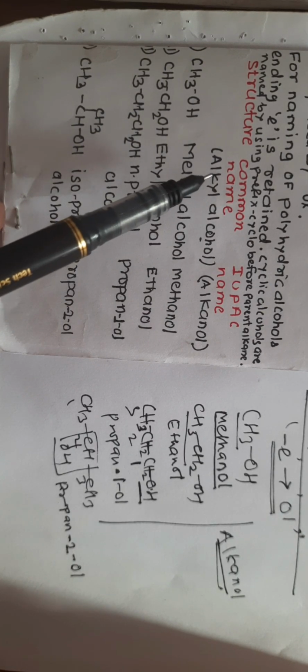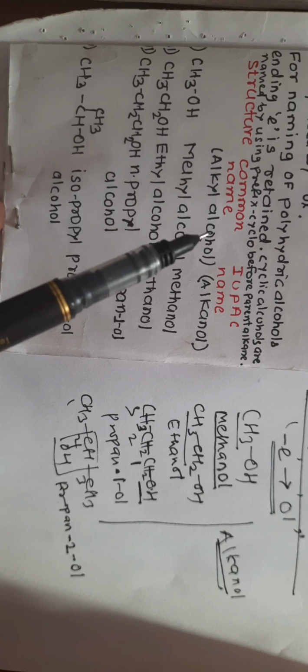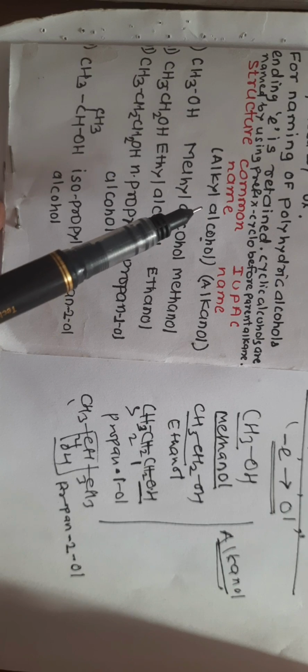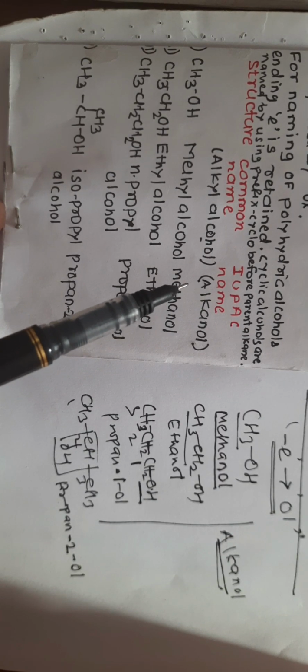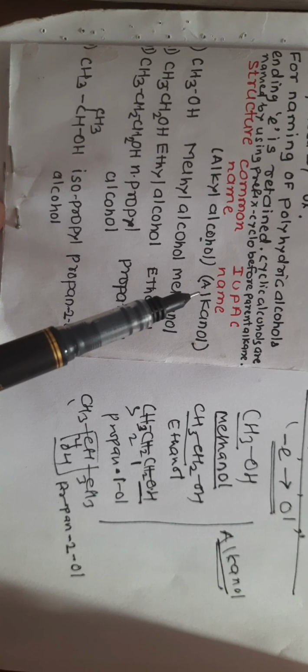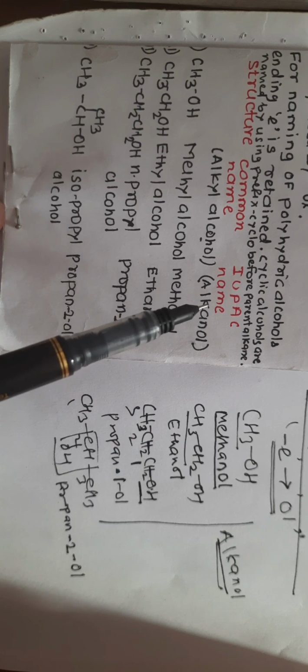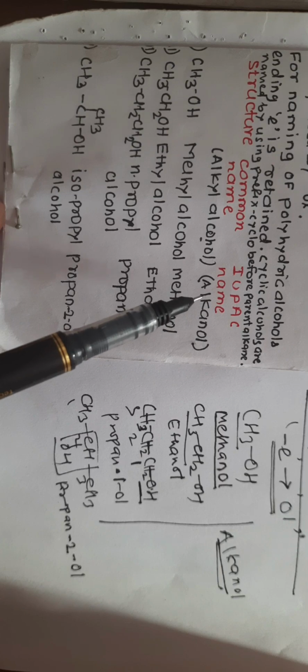According to the common name system, first we have to write the name of the alkyl group followed by the word alcohol. Therefore, they are also known as alkyl alcohols. And in the IUPAC system, we have to replace the E of the parent alkane by OL. Therefore, alcohols are also known as alkanols. Here I have taken the examples: CH3OH, common name methyl alcohol, IUPAC name methanol.